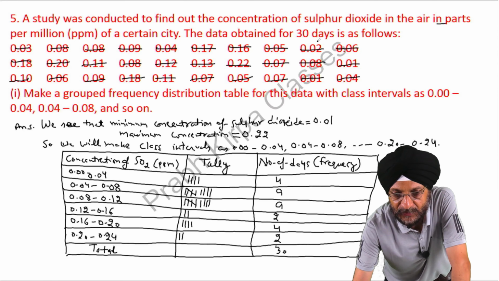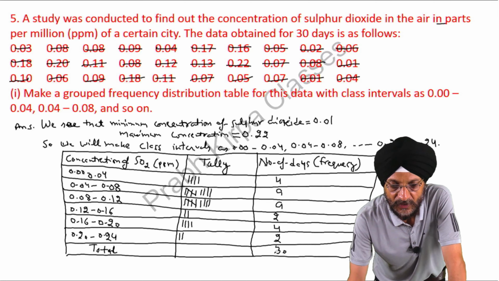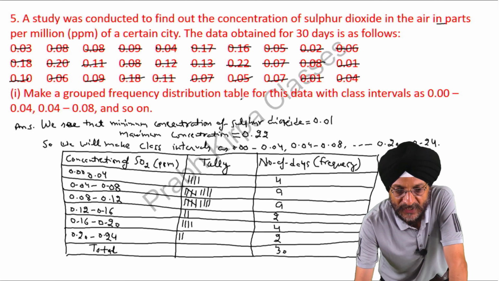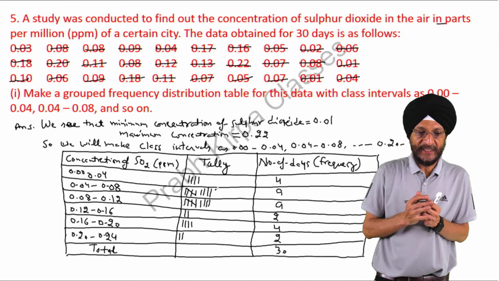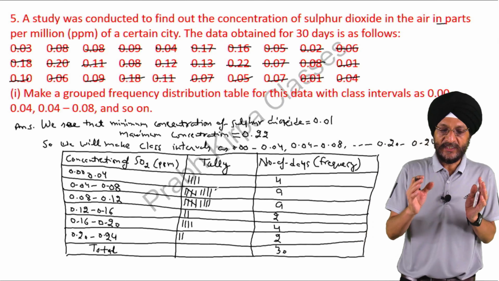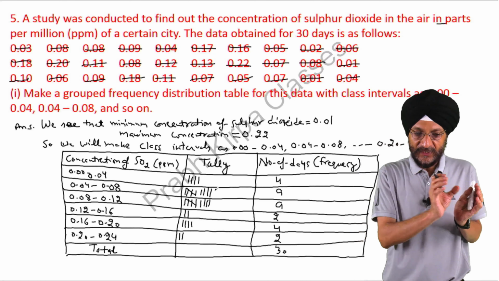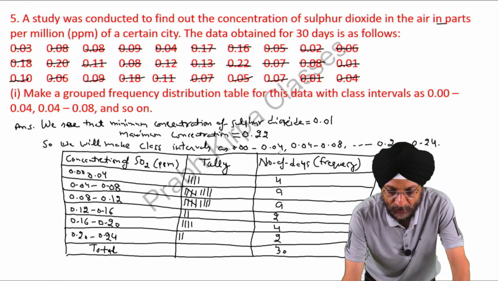So the data for 30 days is given and all these entries total 30. So this is the grouped frequency distribution table which shows for how many days the concentration of sulfur dioxide fell within the particular class interval.